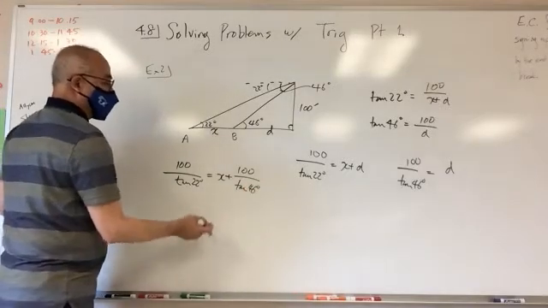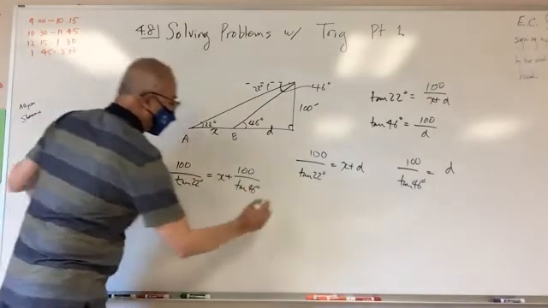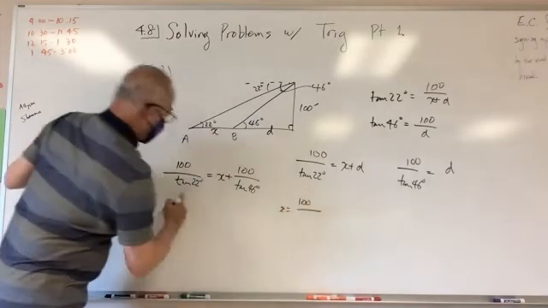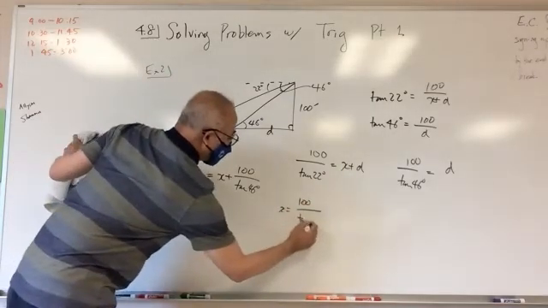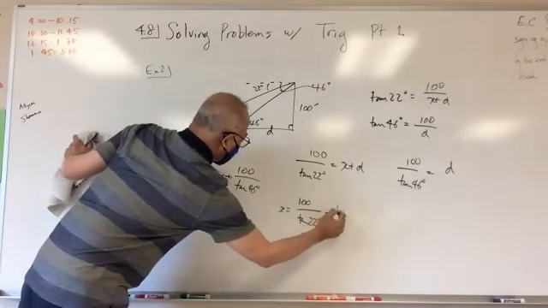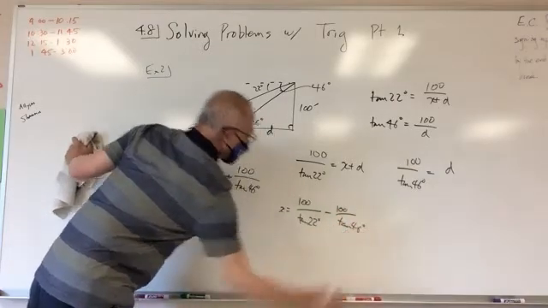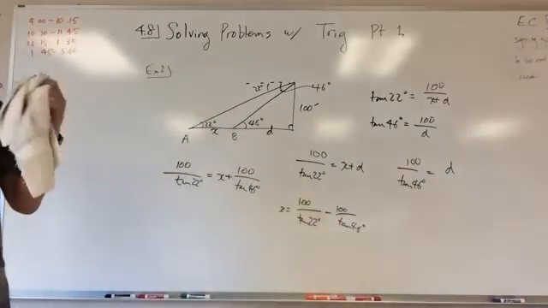So x is equal to 100 over tangent 22 degrees minus 100 over tangent 46 degrees. I'm done.